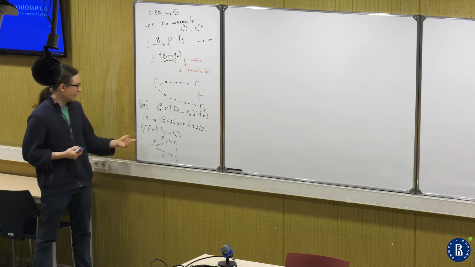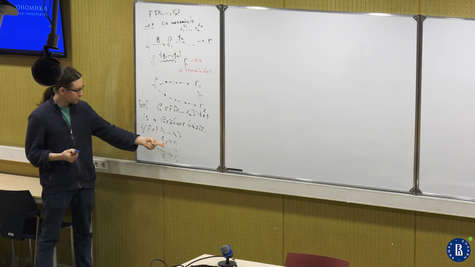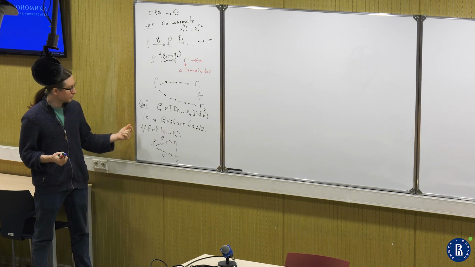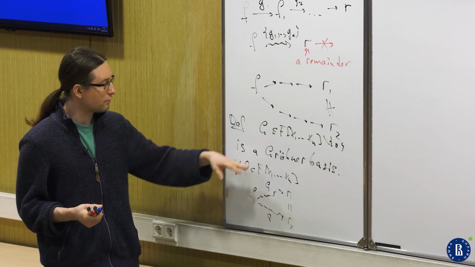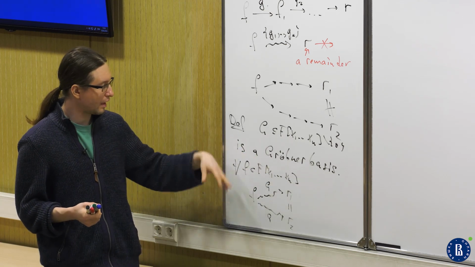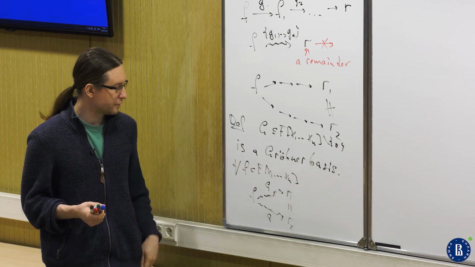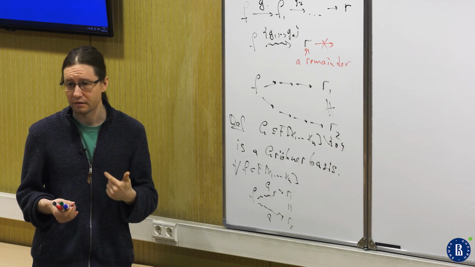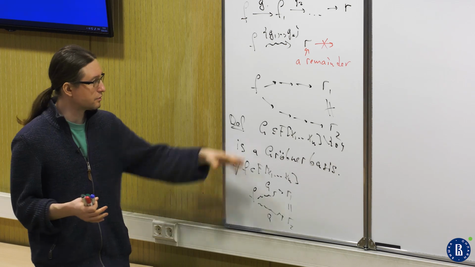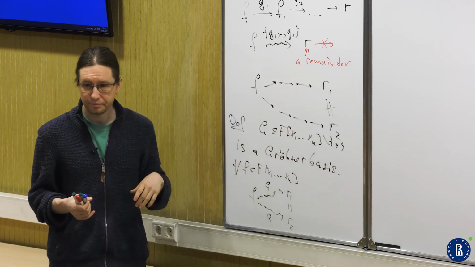Which means that if you have a Gröbner basis and you want to reduce something by it, you will always get exactly the same remainder, and there is no issue like that.